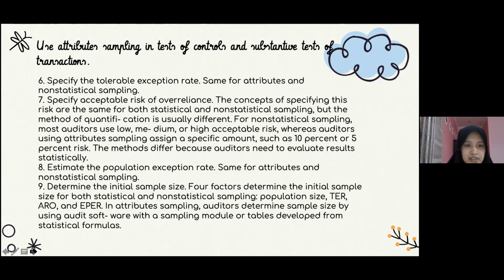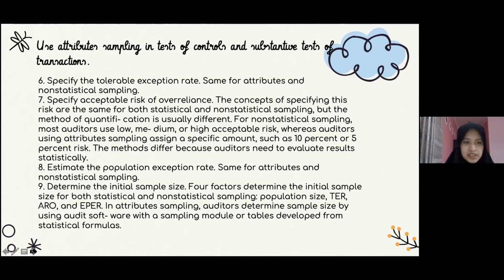6, specify the tolerable exception rate. 7, specify acceptable risk of over-reliance. The concept of specifying this risk is the same for both statistical and non-statistical sampling, but the method of quantification is usually different.